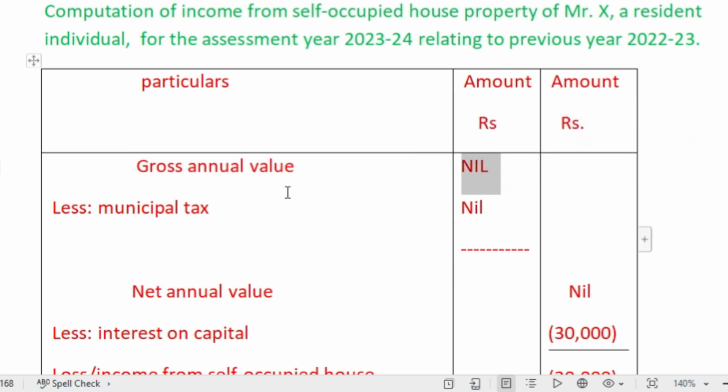Similarly, if there is a second house which is also occupied, it will also be computed in this manner, because under the Income Tax Act a maximum of two houses are exempted. When the house is exempted from tax, the gross annual value shall always be considered nil, even if different values are given.